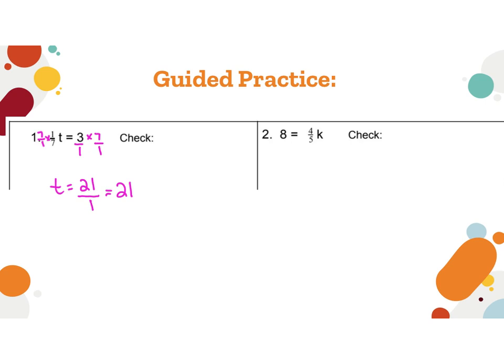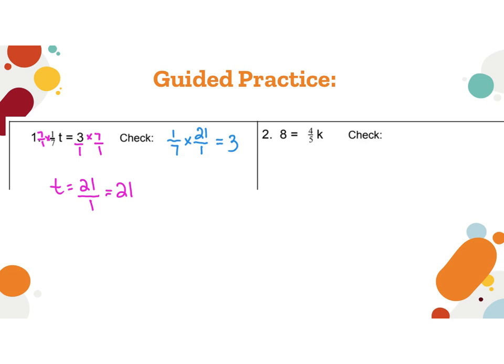Next, we would want to check our answer and plug it into our original equation. So 1/7 times 21 is equal to 3. We'd put 21 over 1 to turn it into a fraction, and we would multiply across.